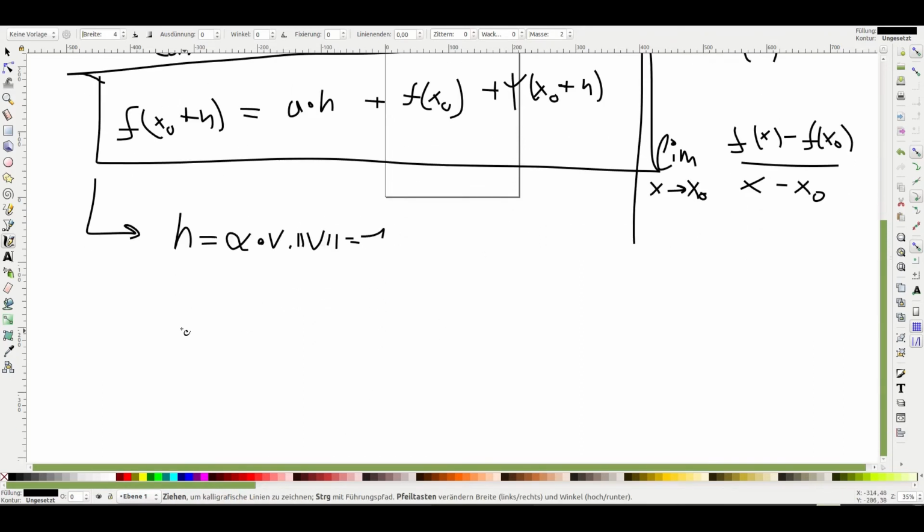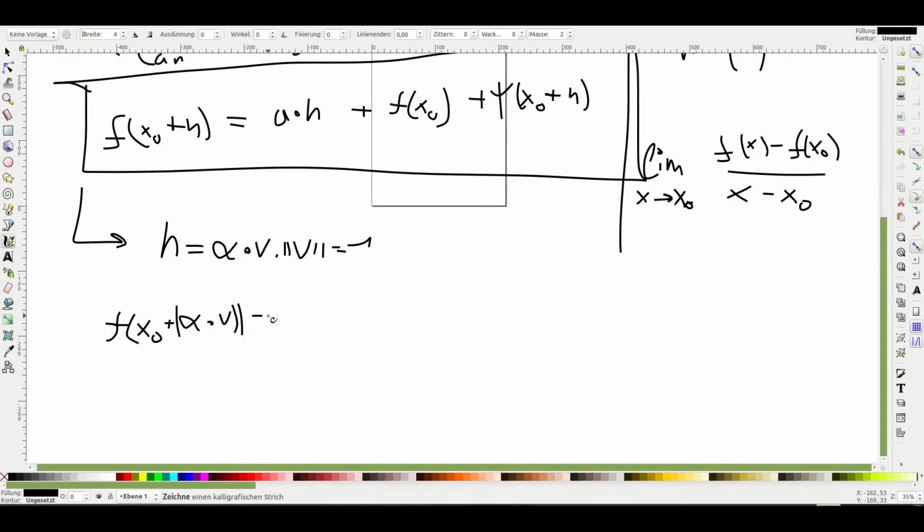So what we then have is f of x0 plus alpha times v equal to the scalar product between A and alpha times v.